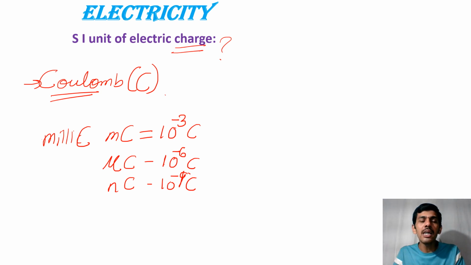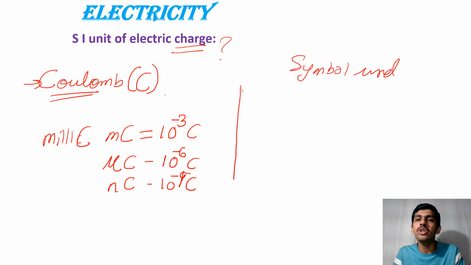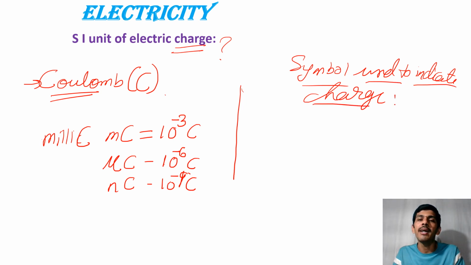Knowing the SI unit of electric charge, we also have to know the symbol used to indicate the charge. Charge in any atom is indicated by the symbol either capital Q or small q.